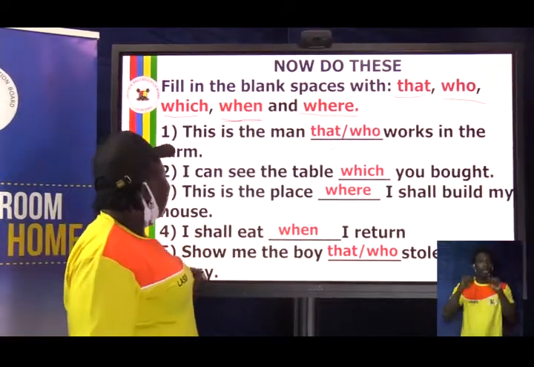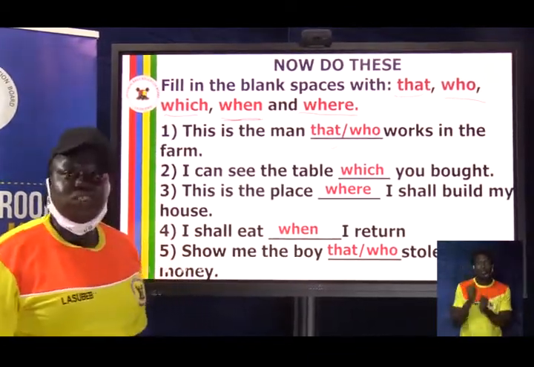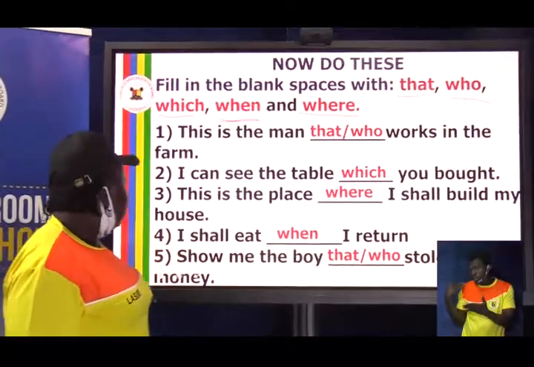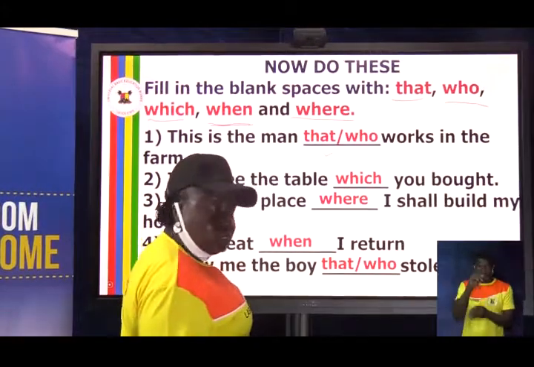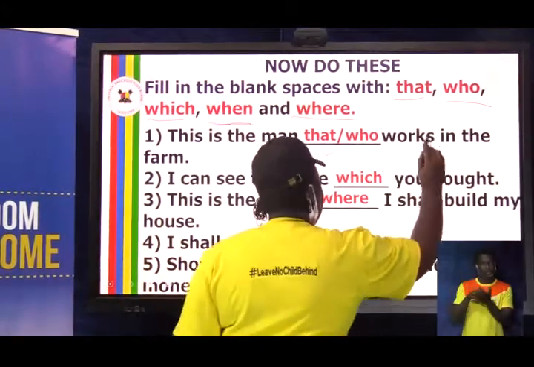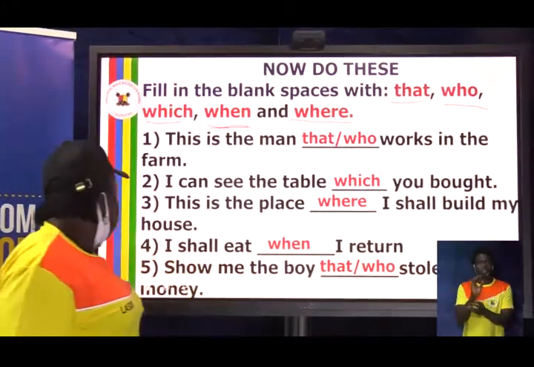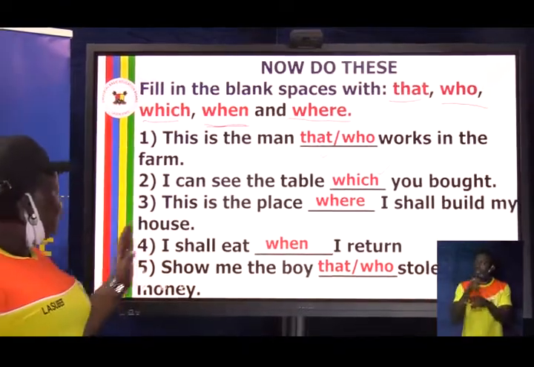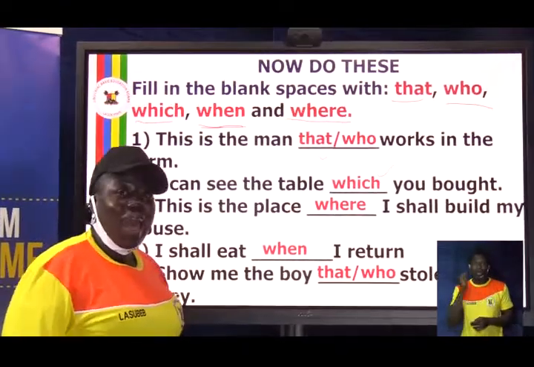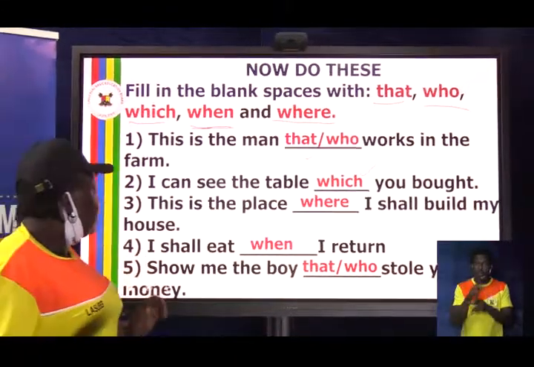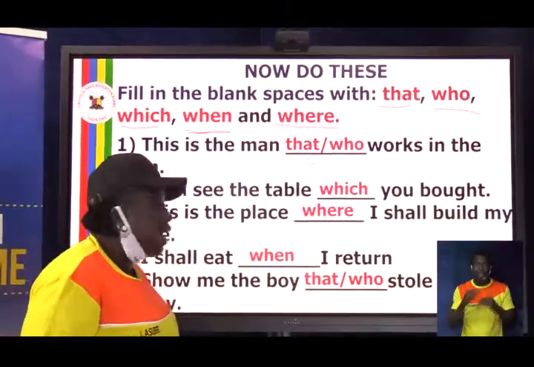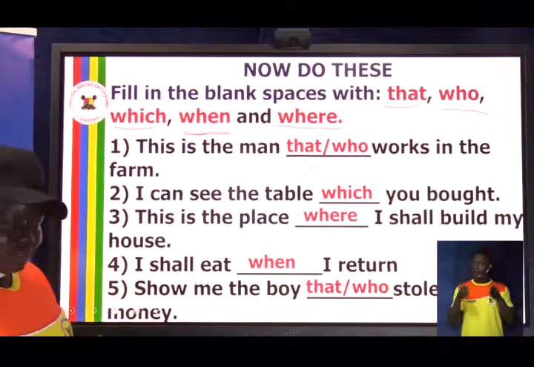Number 2, I can see the table which you bought. Was that what you wrote? Please mark it. You're right. Number 3, this is the place where I shall build my house.